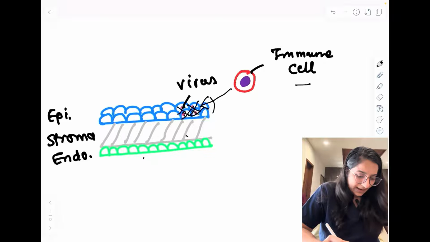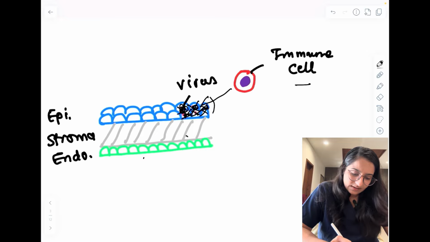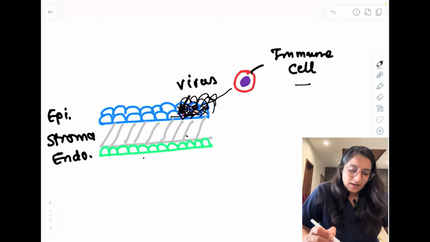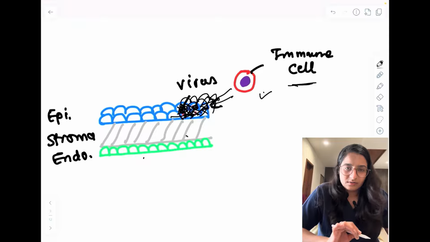And we know that epithelium is mainly regenerative. So when this cell gets destroyed, another epithelial cell layer will come from here and will start regenerating. Okay, so epithelium will regenerate. So we want this immune cell to destroy our epithelial cells which are loaded with virus. So this is the preferred response.